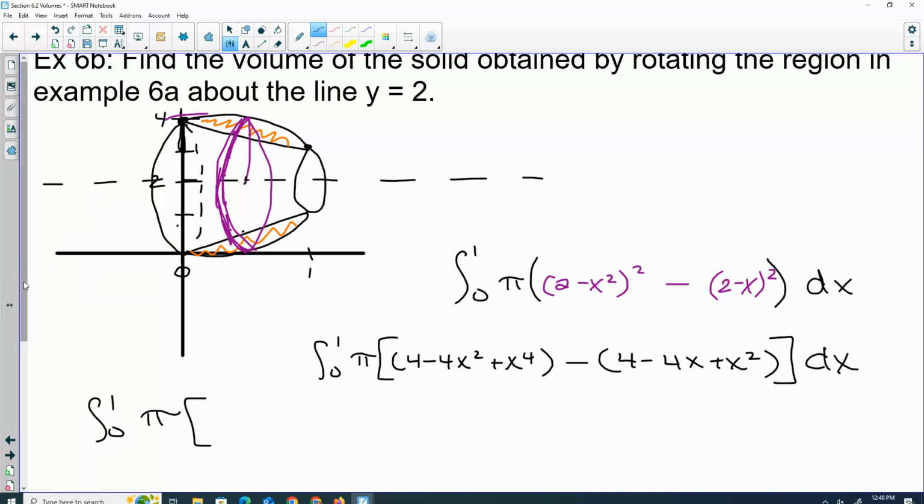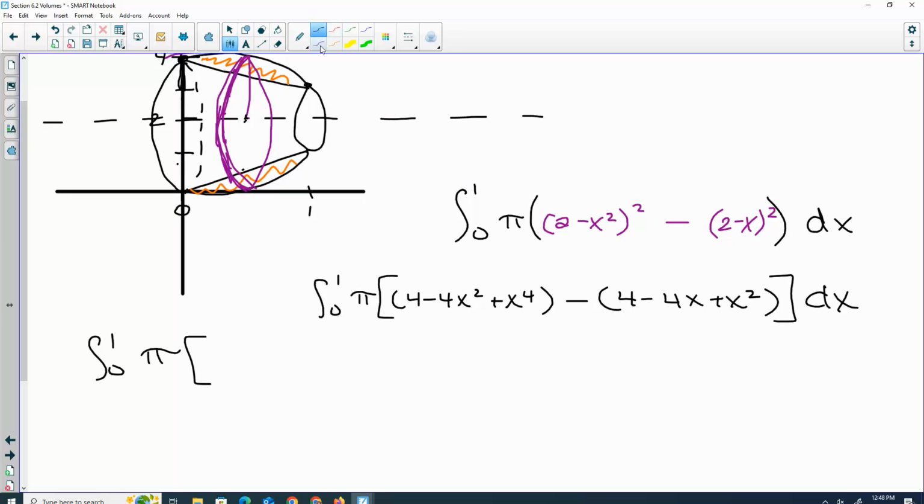So if I FOIL both of those, should be my negative. Combine my terms, the 4's cancel. We have x to the 4th minus 5x squared plus 4x. And go negative.